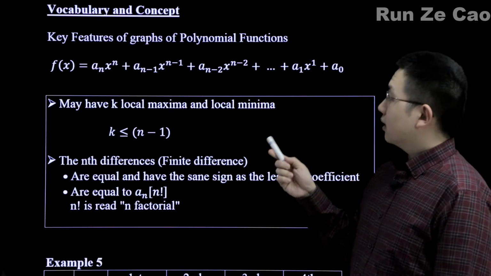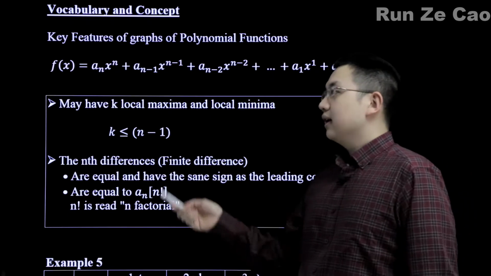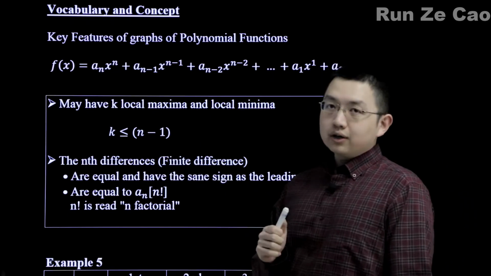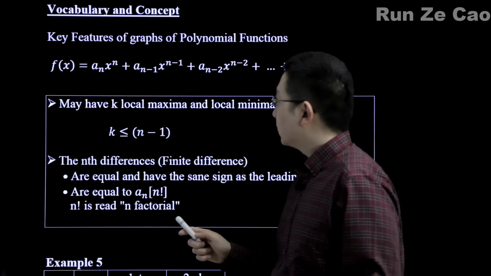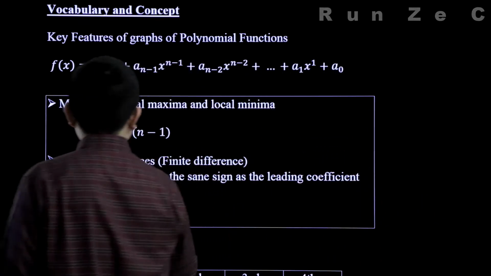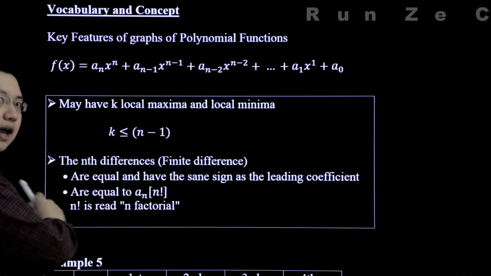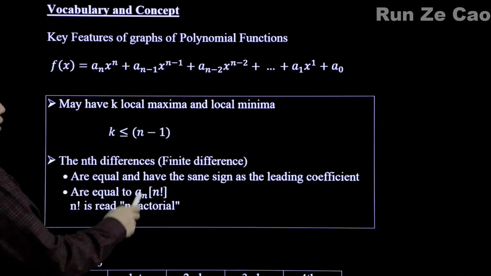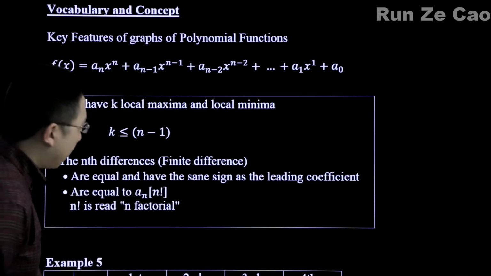Now, in terms of the number of local maxima and local minima, it has to be less than or equal to n minus 1. As mentioned previously, this is a general characteristic of all polynomial functions, and another one is that the nth difference is called the finite difference principle.